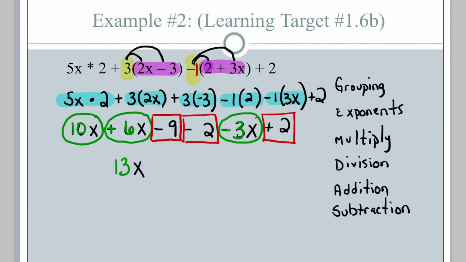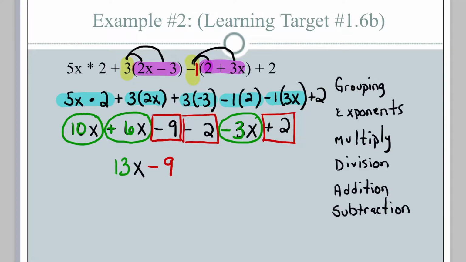Working with our constants, we have minus 9 plus a negative 2, which is the same as subtracting 2, so that's minus 11. Minus 11 plus 2 is minus 9. So we have 13x minus 9.